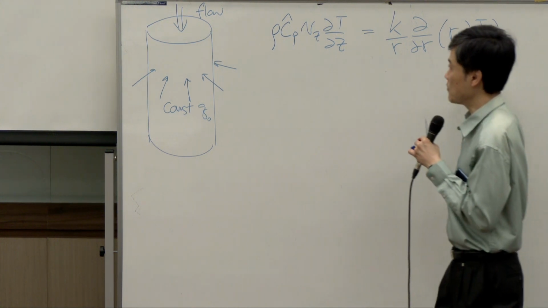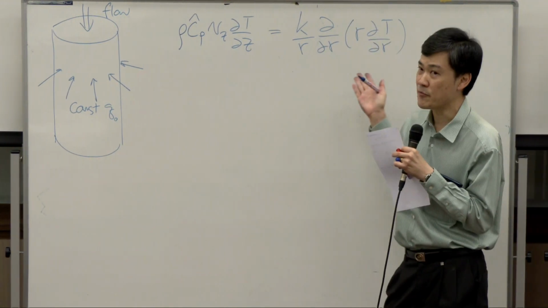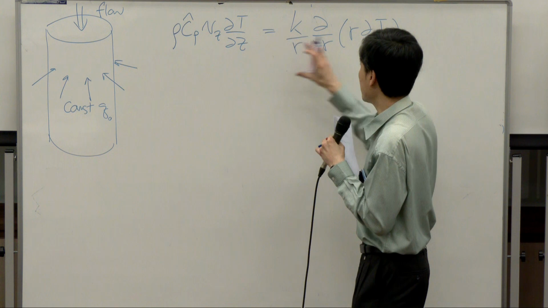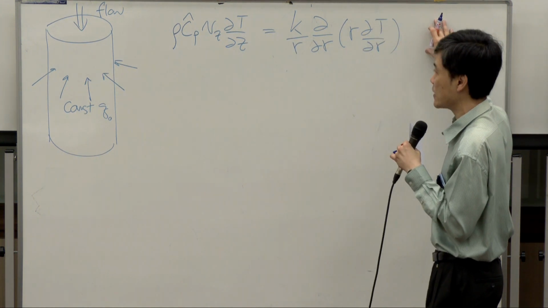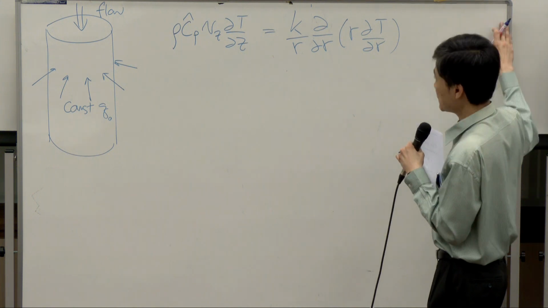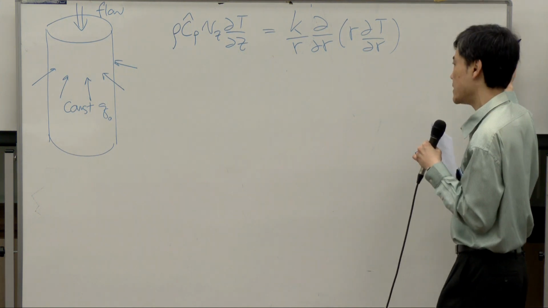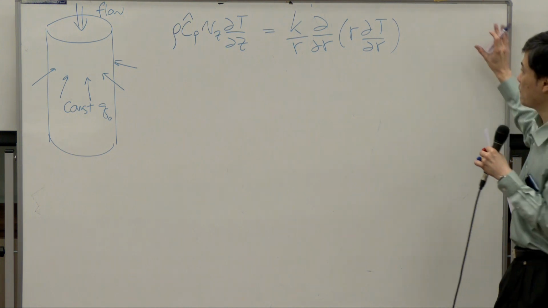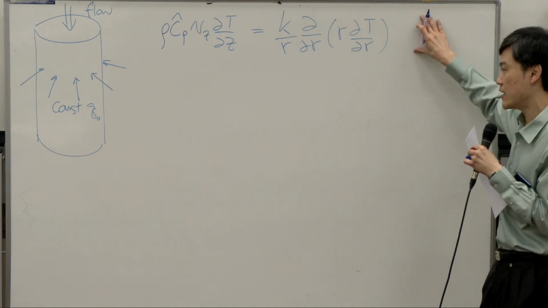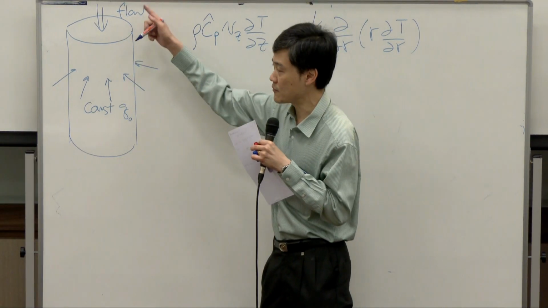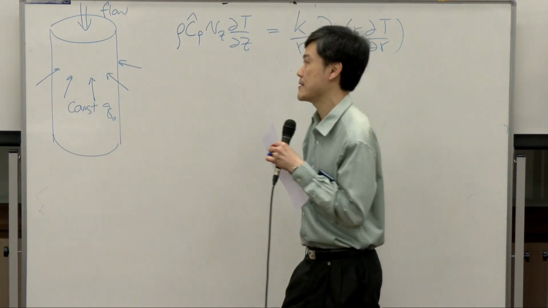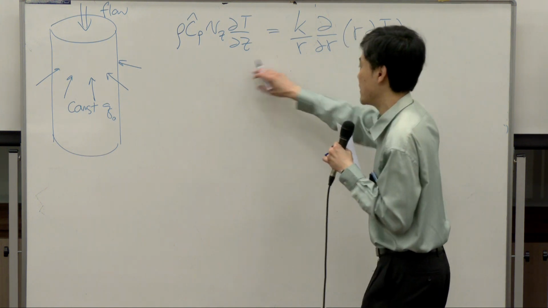Okay? We also got this part from chapter 10 as well. In chapter 10, we end up with other terms, conductive transport in z direction, and viscous heat. We ignore viscous heat because velocity is not so fast. We ignore conduction in z direction because we said that in z direction, convection is dominating. Okay? So at the end, we end up with this.